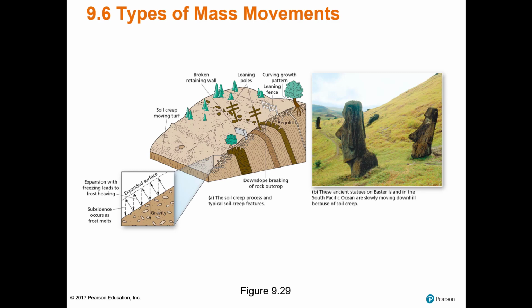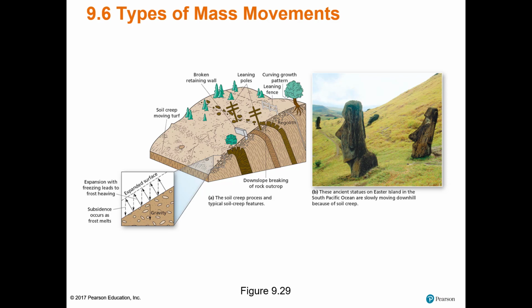If you look at A, particularly the leaning poles, those would be telephone poles that were built, and because the soil and the ground underneath is slowly creeping, they start to lean over time, as does the leaning fence in this image. And even the tree is showing response to this slow creep with the curved pattern of growing. And that's an indication that there is creep occurring below the surface.